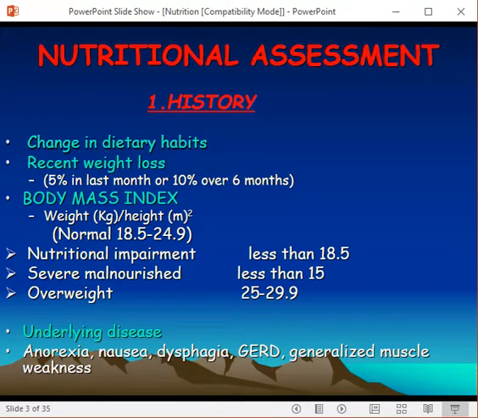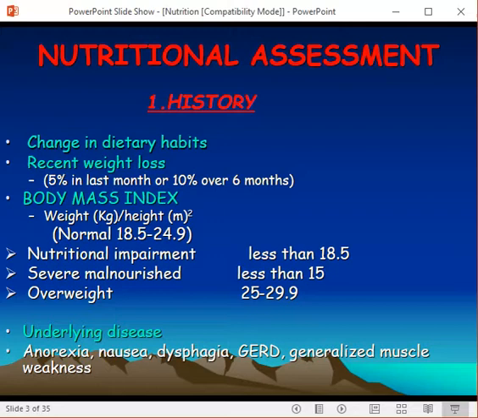What is body mass index? It is the weight in kg over height in meter square. The normal value is 18.5 to 24.9.